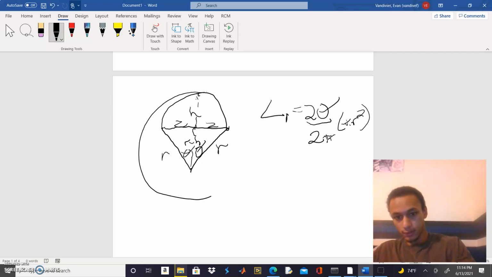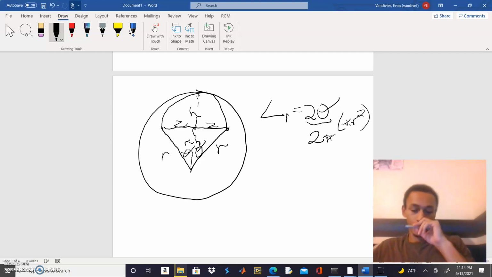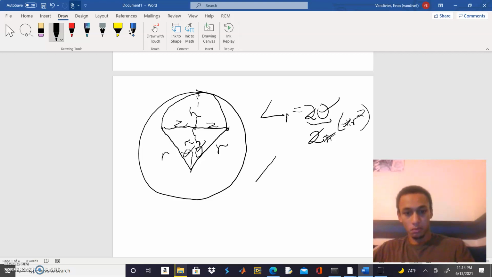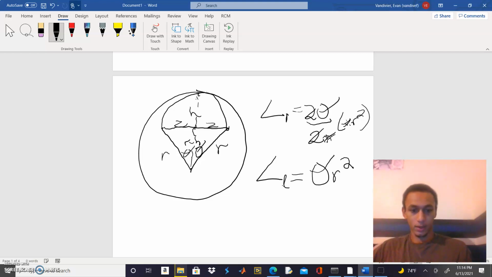I'll make this the actual circle that we're going in, and just pretend that's the center, even though this is a very poorly drawn circle. So you do that, pi cancels out, 2's cancel out, this arc area is equal to theta r squared.